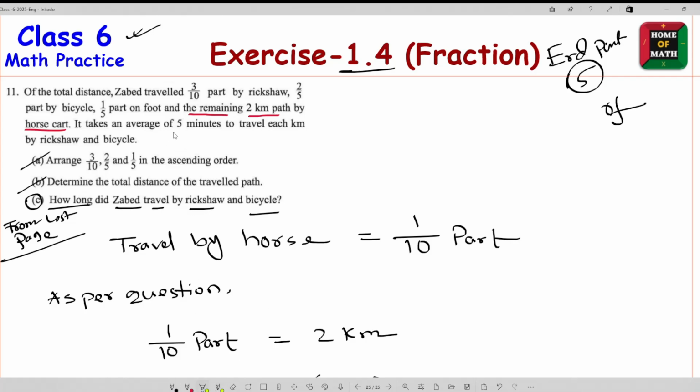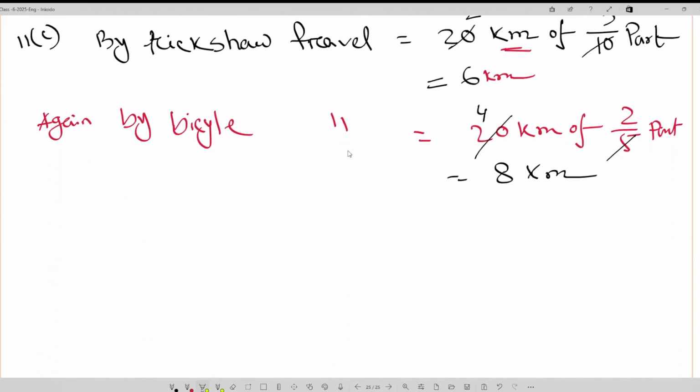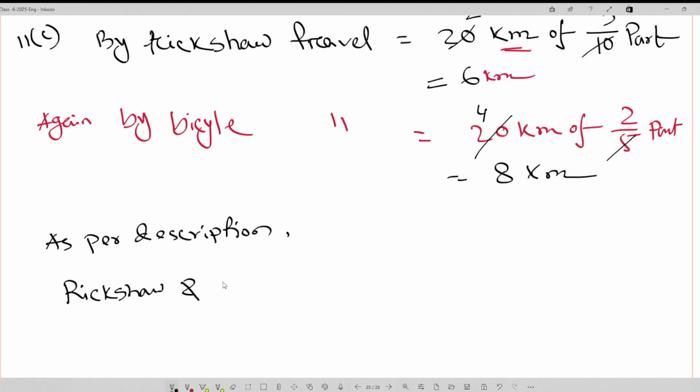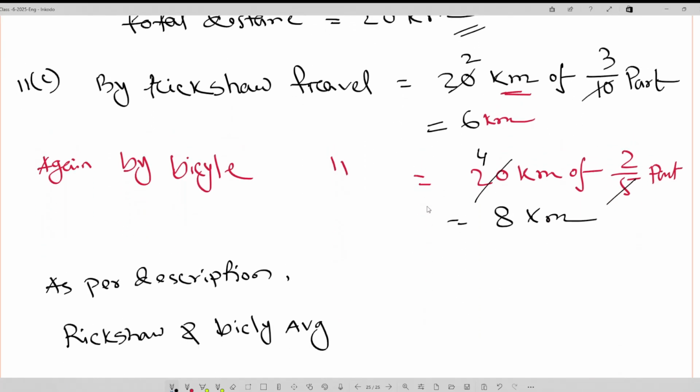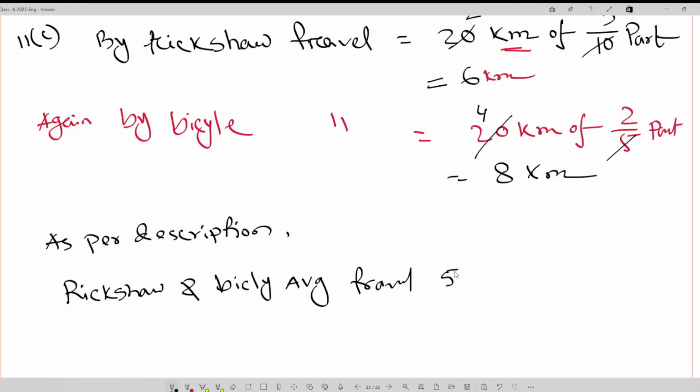Here is another clue in this question: it takes an average of 5 minutes to travel each kilometer by rickshaw and bicycle. So as per the description, rickshaw and bicycle average 5 minutes per kilometer.